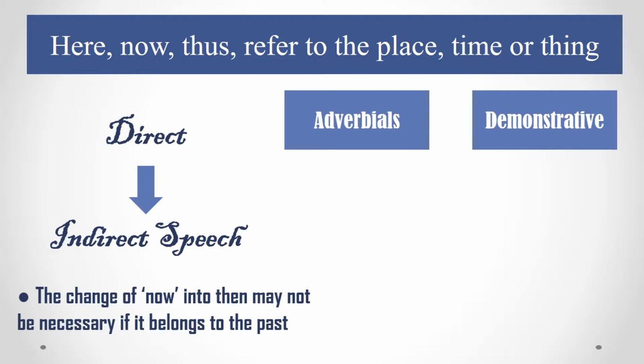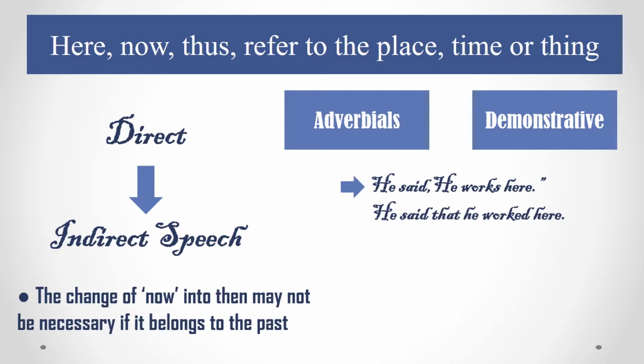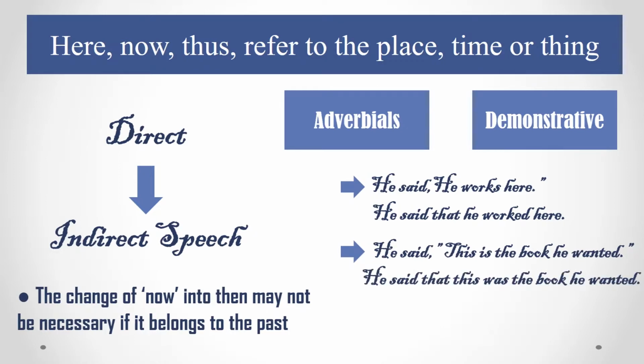Let's have a look at some examples. He said, "He works here." He said that he worked here. Here means where the speaker is at present. Second example is, he said, "This is the book he wanted." He said that this was the book he wanted.